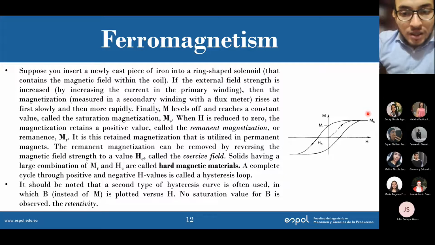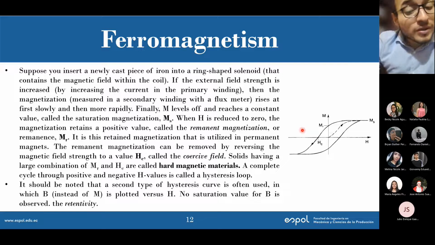Now, if I remove the magnetic field, so my magnetic field strength becomes 0, what happens? I have a remanent magnetization. It doesn't go back to 0, right? It comes back to a remanent magnetization, that's MR. And it's actually this remanent magnetization that is used in permanent magnets.